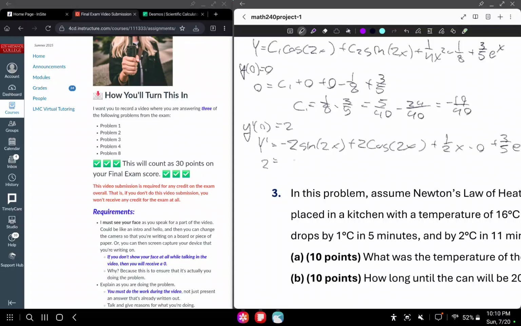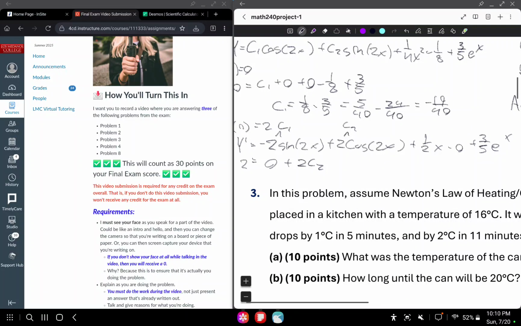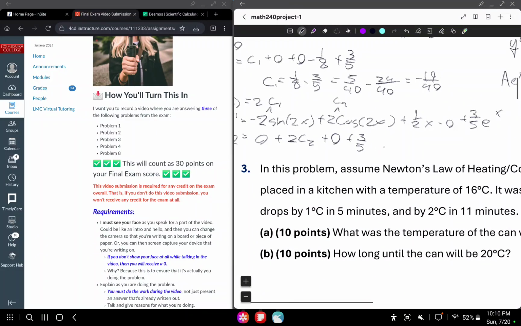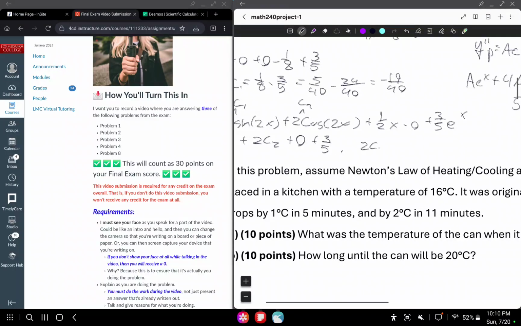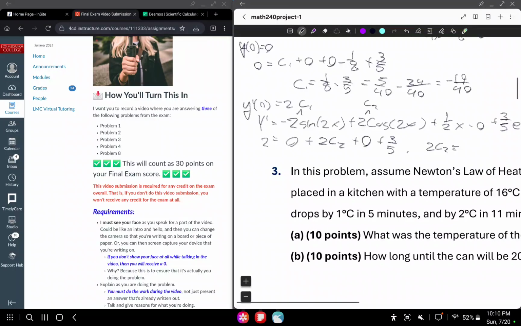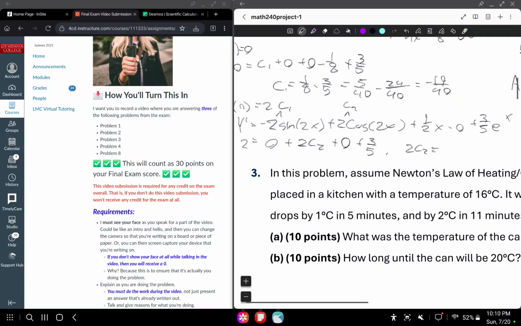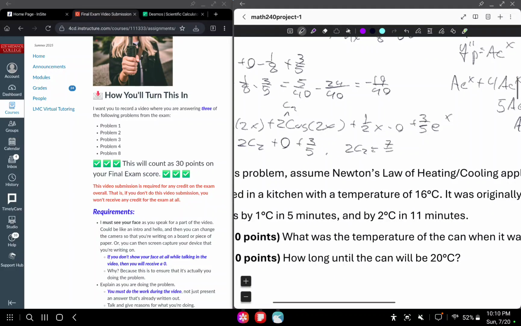2 equals C1 doesn't matter, 0 plus 2 C2. I forgot to add C2 there. So C2 carries C1. And we have plus 0 plus 3/5. So 2 C2 equals 7/5.